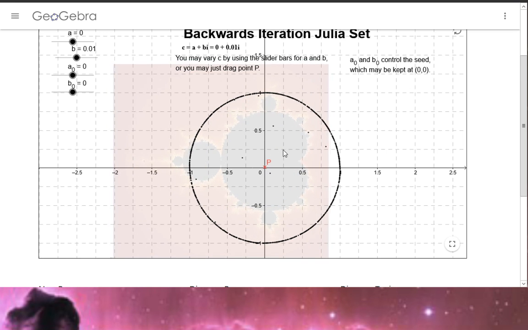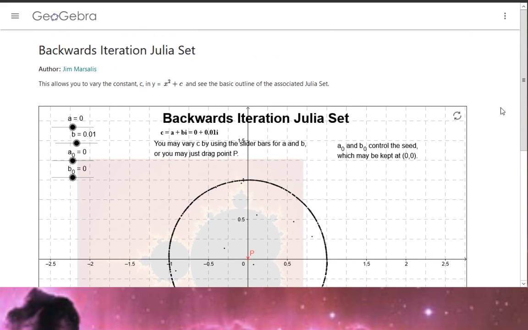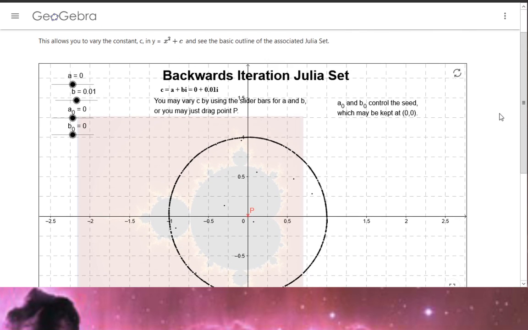You're supposed to be able to draw. How come I can't draw anything? Oh, it's this.